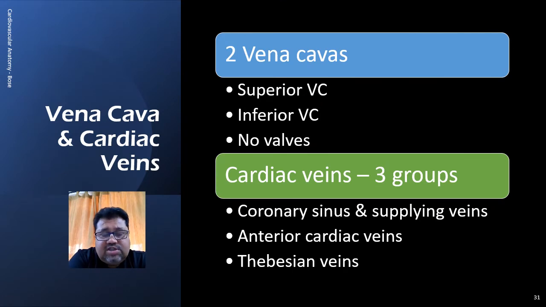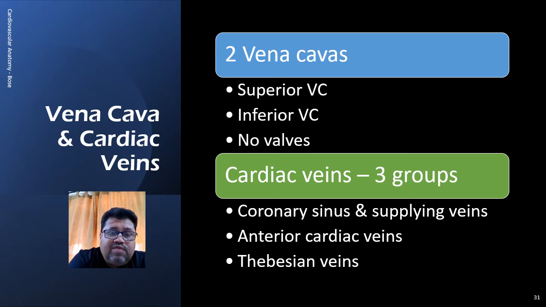The vessels that bring the blood back to the heart are the vena cavas, and the vessels that drain the heart muscle itself are the cardiac veins. There are two vena cavas, the superior and the inferior.